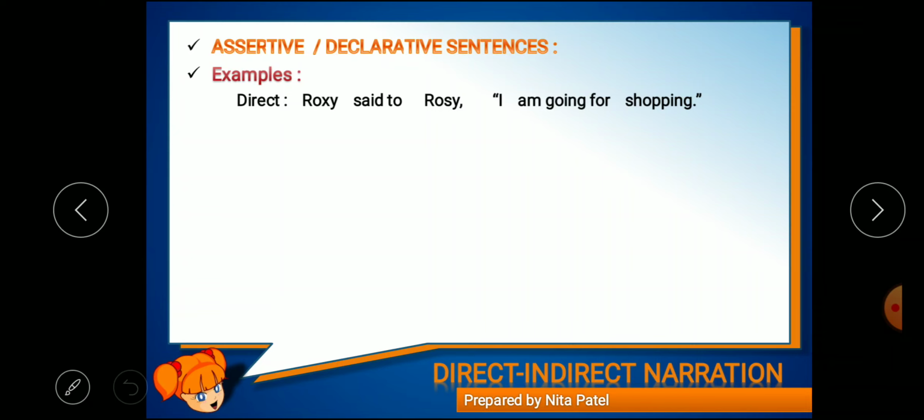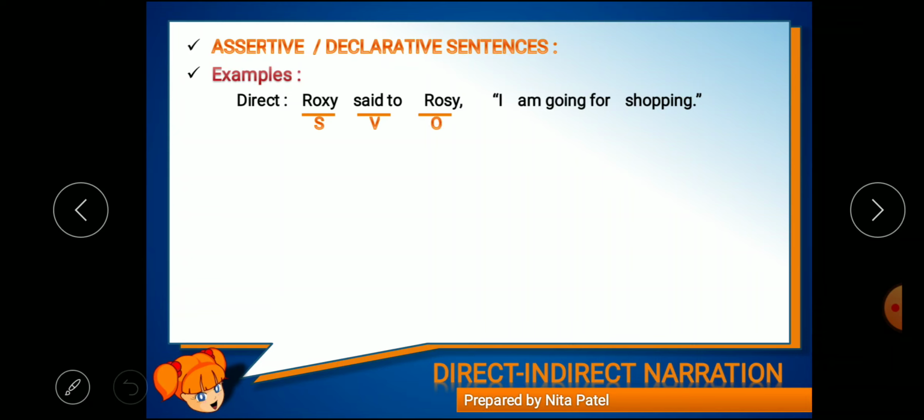Roxy said to Rosie, "I am going for shopping." The same example I have given, so you will understand it in a better manner. Roxy said to Rosie, "I am going for shopping." As you know the structure of it, Roxy is our subject, said to is our verb, and Rosie is our object here.